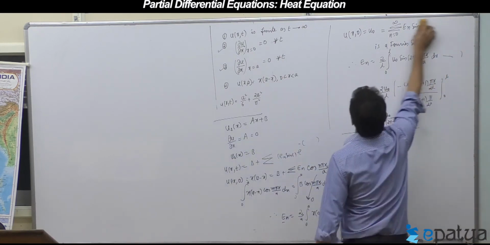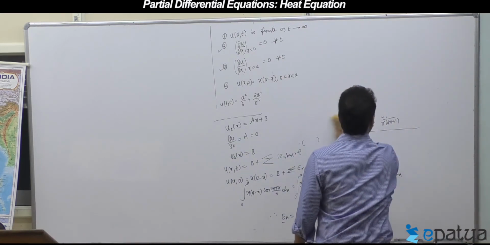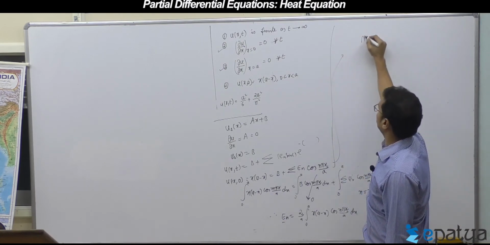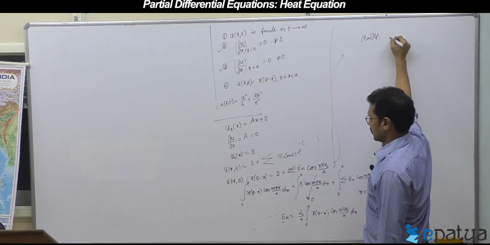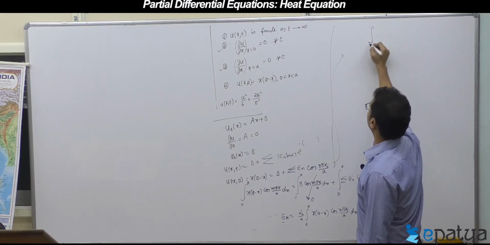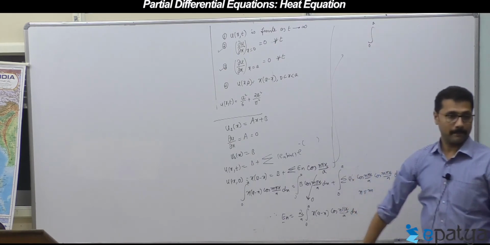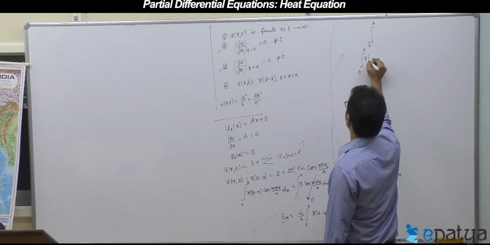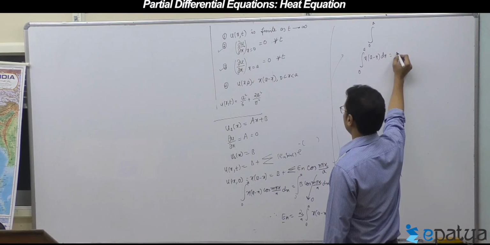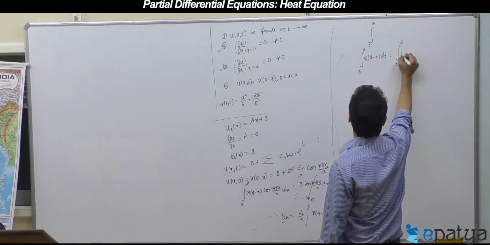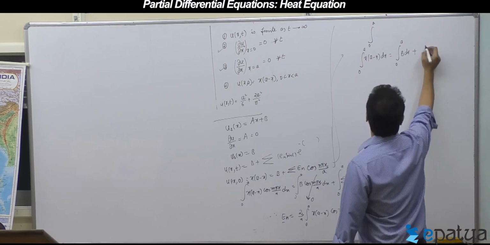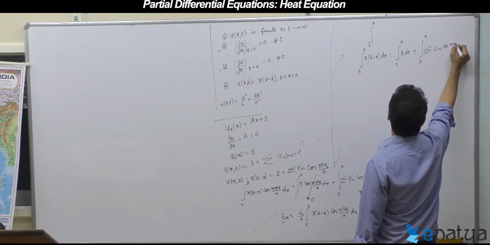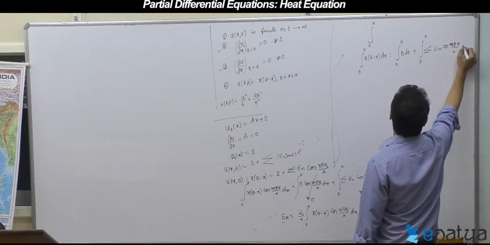Next, from here, not multiplying, just integrate from 0 to a, just direct integration, which gives me integral 0 to a x into a minus x dx is equal to integral 0 to a b dx plus integral 0 to a sigma en cos n pi x by a dx.